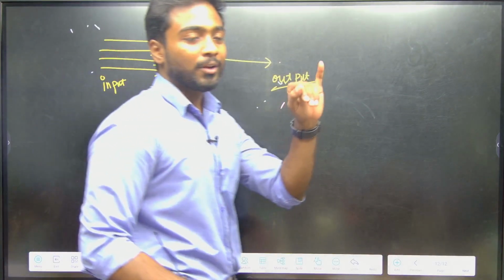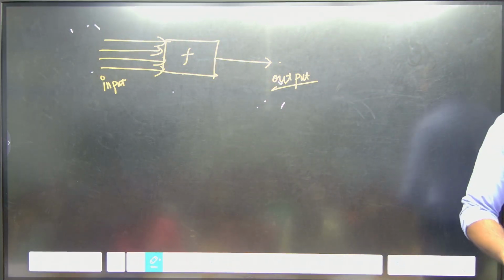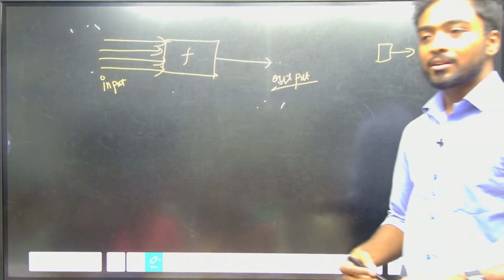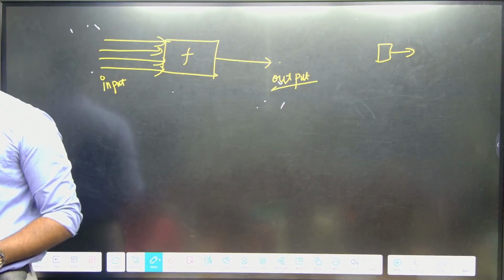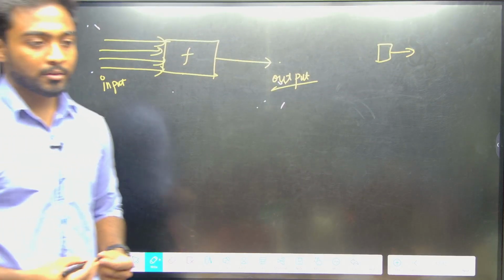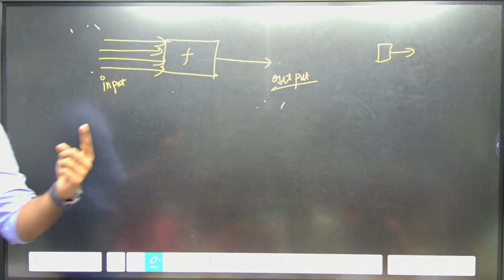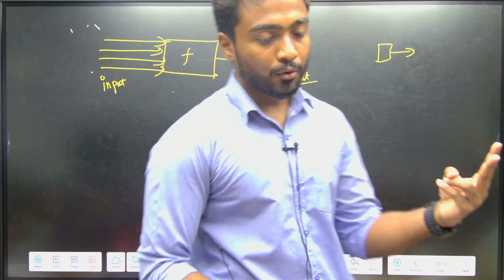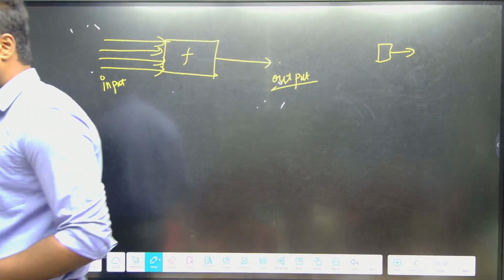Logic gate will have only one gate, but a logic circuit will have n number of logic gates. Write down: a logic gate consists of only one, but a logic circuit consists of many logic gates.